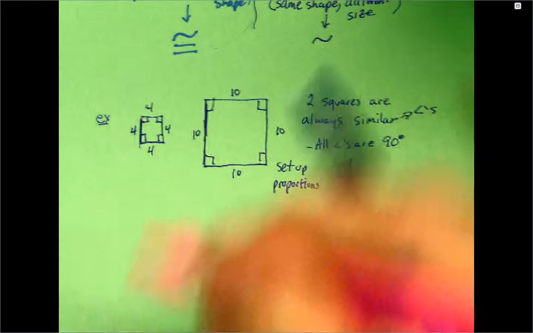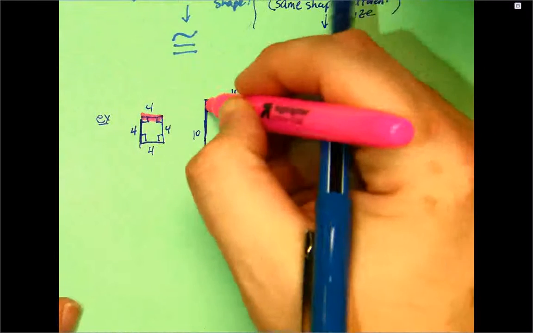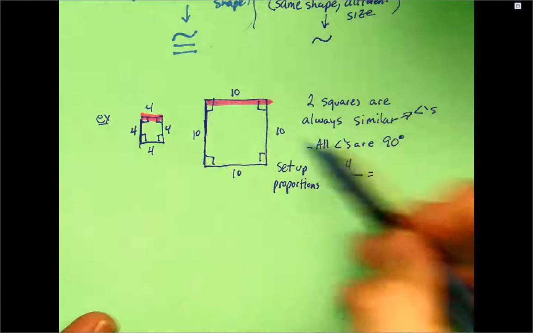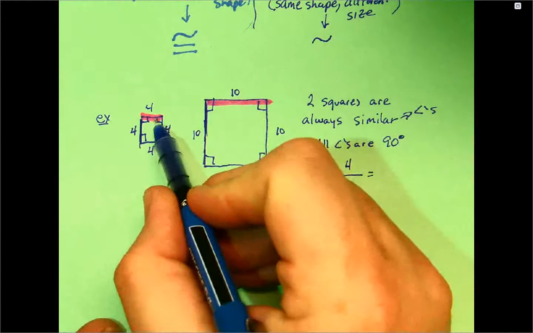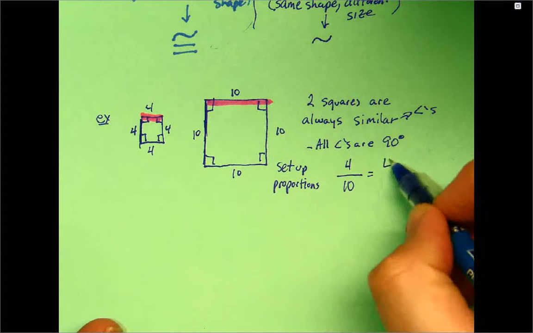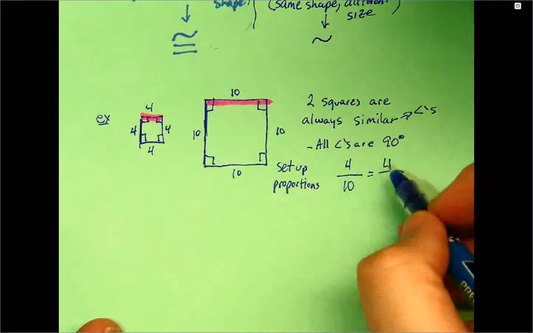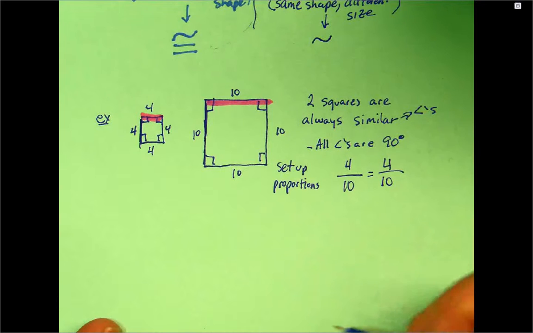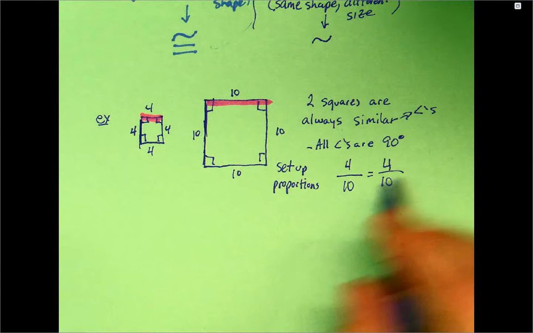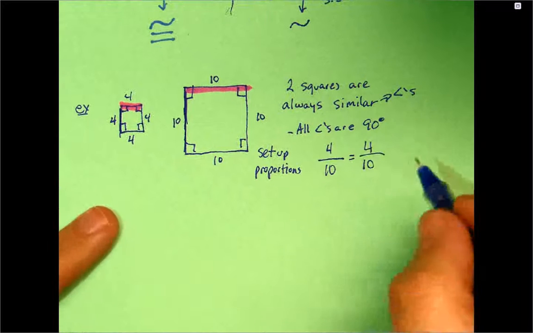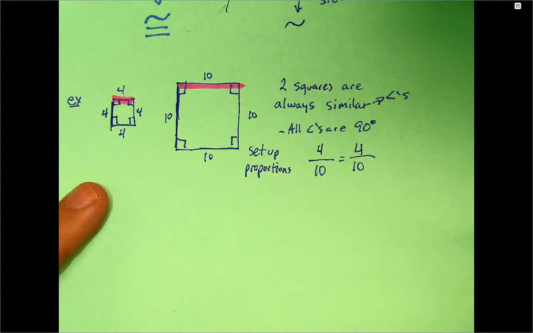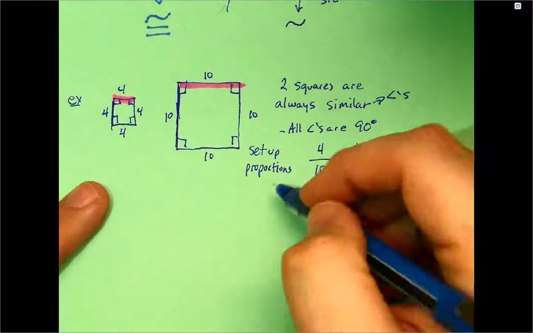Then if we take these two sides right here, here's where our proportion comes in. That side's 4. This side is 10. Now, is 4 over 10 equal to 4 over 10? Yeah. And we can even reduce it down. If we took 4 over 10 and reduced it down, what would we get? 2 over 5.